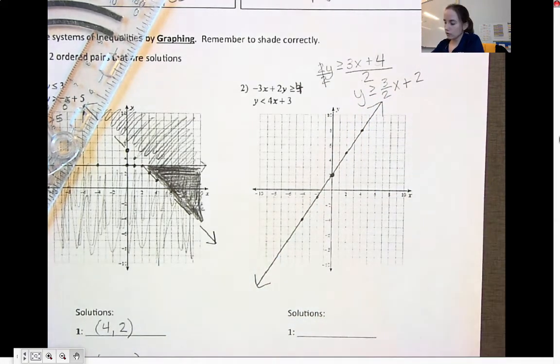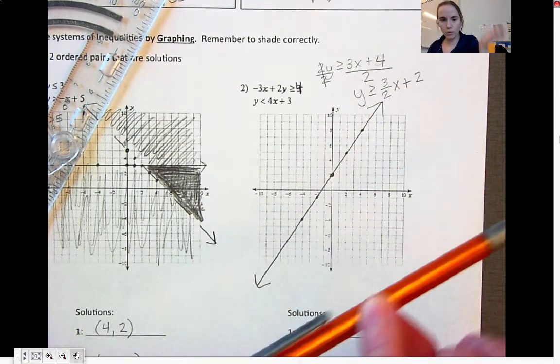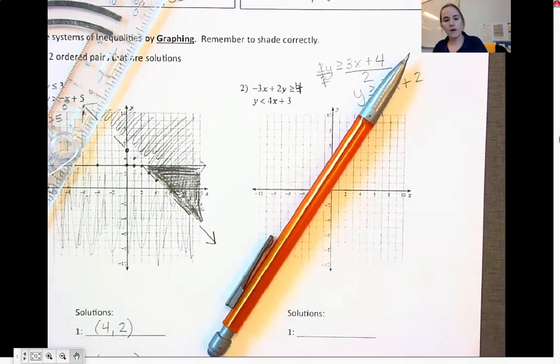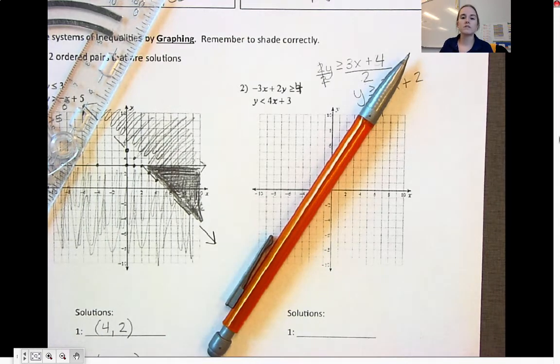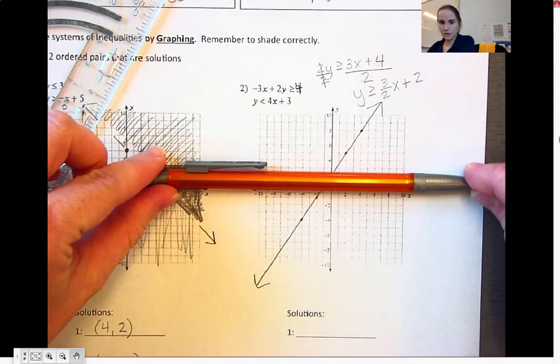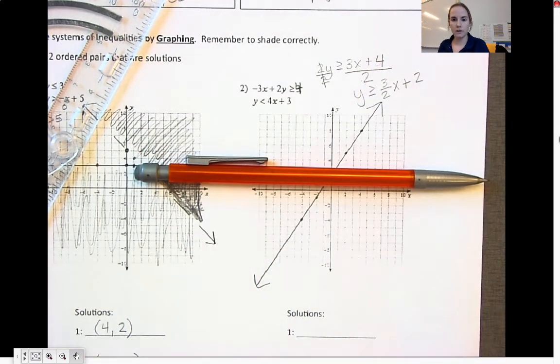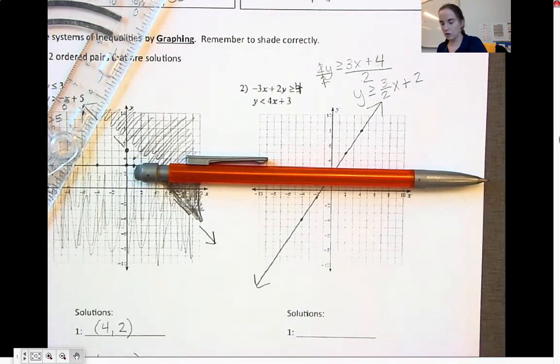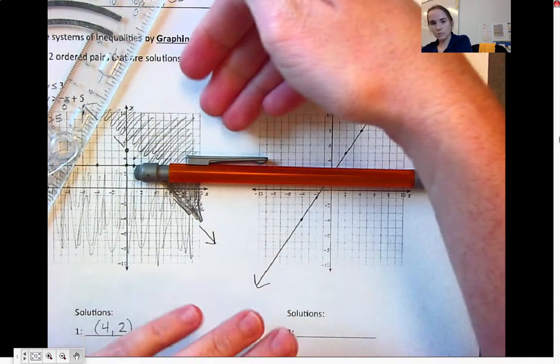Another way, if you want to visualize this, instead of always plugging in a test point, I'm using my pencil as the line. If I were to take this line and make it horizontal, like this, and I said greater than, you would say shade up here.